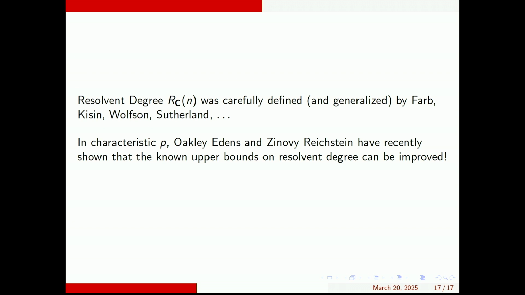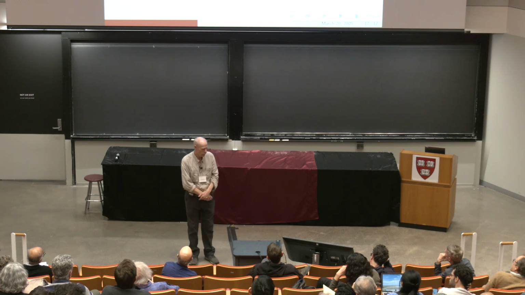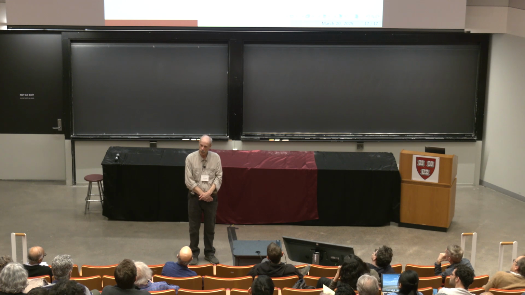But these two issues, there's a lot to say about them. And one recent advance, including Oakley Edens, who's here somewhere, a first-year graduate student here, and Zinovy, recently have shown that the upper bounds, which nobody thought for essential dimension, can be improved in characteristic p.